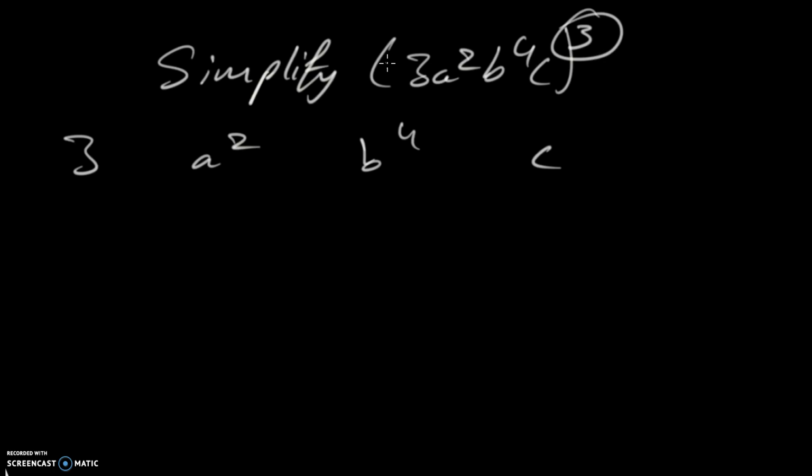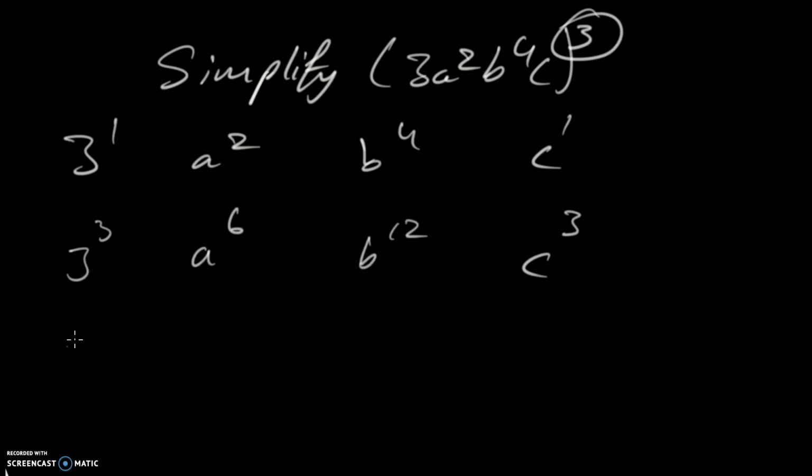So 3 would turn into 3 to the power of 3. A would turn into a to the power of 6, because this is brackets, not multiplication. You times the powers and not add them. B to the power of 4 would be b to the power of 4 times by 3, which is b to the power of 12. C would just turn into c to the power of 3, because we have a 1 here, 1 there. Let's draw it with 3 as well. And just times 1 by 3 and 1 by 3 here as well.